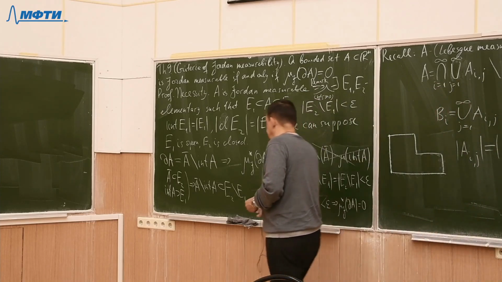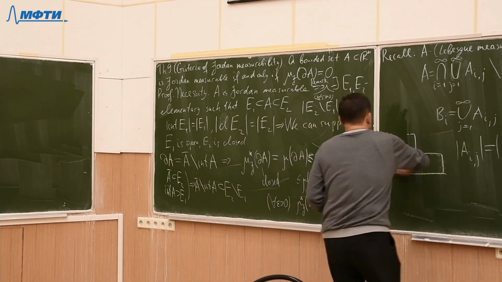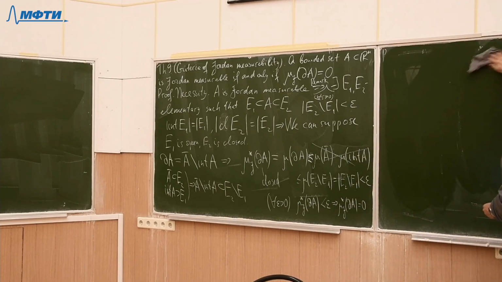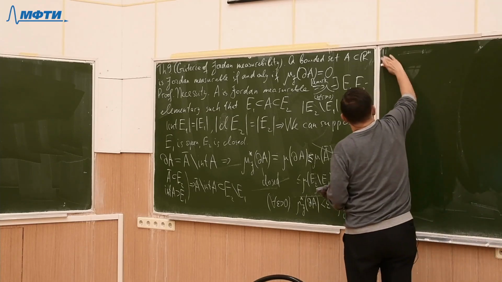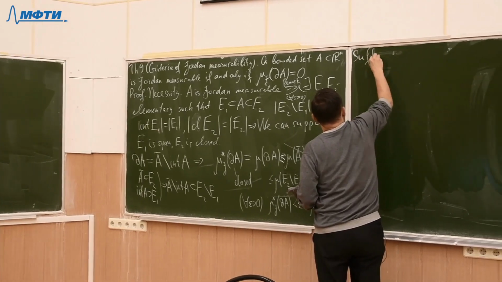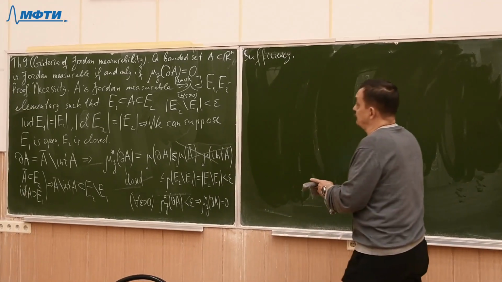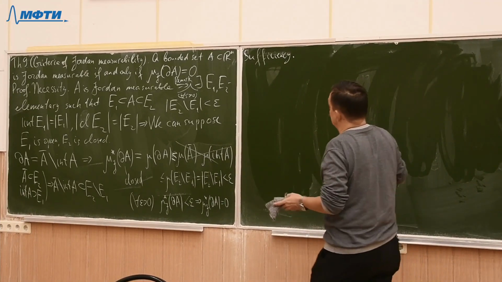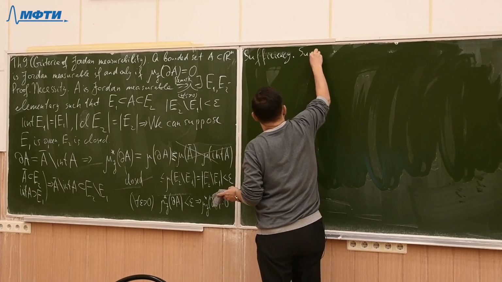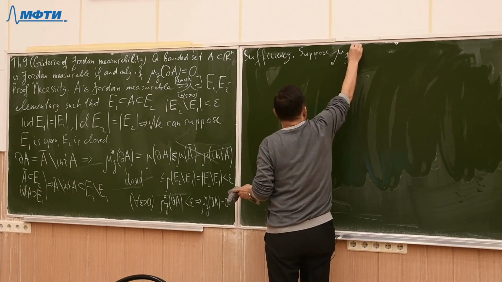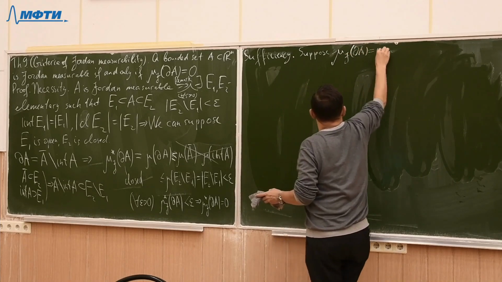Now, sufficiency. So now we suppose that the Jordan measure of the boundary is 0.